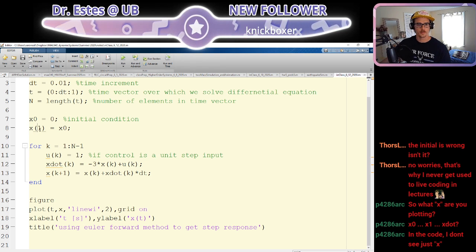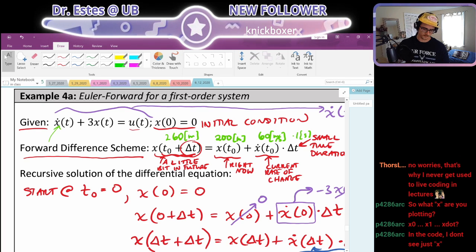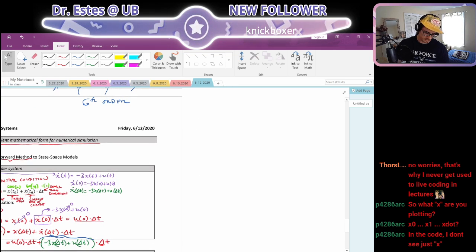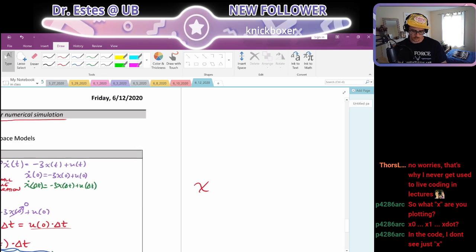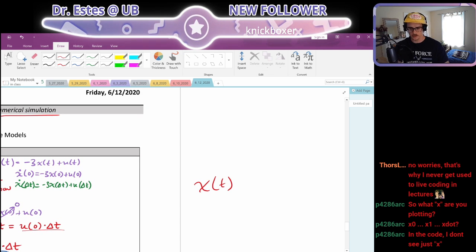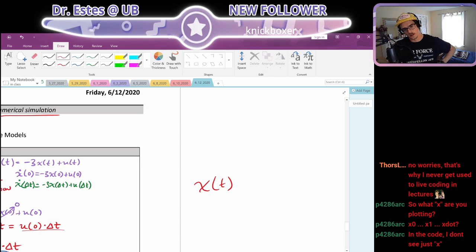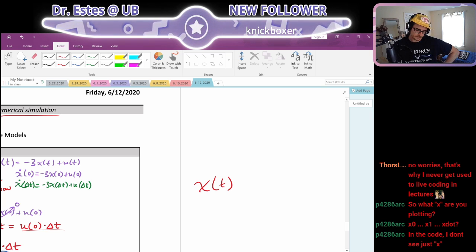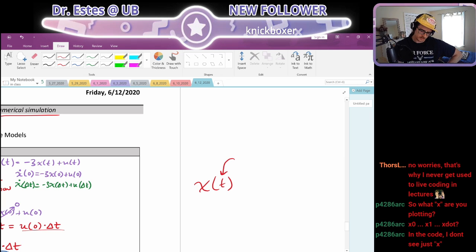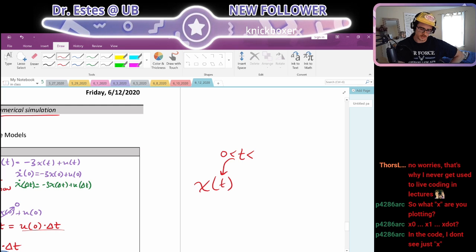So when you see these numbers following x, actually I'll show you over here. What I'm doing, I'll draw this off to the side. So when we solve this differential equation, we're looking for x of t. And in this simulation, I'm saying, let's just look at the solution over this range, t goes from 0 up to 1 second.